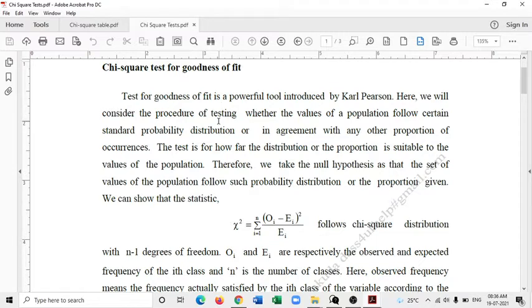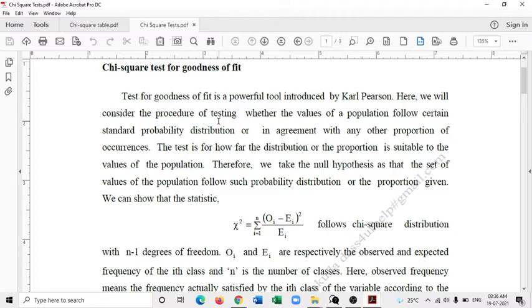Thus, the test is to examine whether the population is in perfect agreement with that distribution, that is, whether the population follows exactly the given equation. For that, we have the test statistic chi-square equals the sum from i equal to 1 to n of (Oi minus Ei) squared divided by Ei.